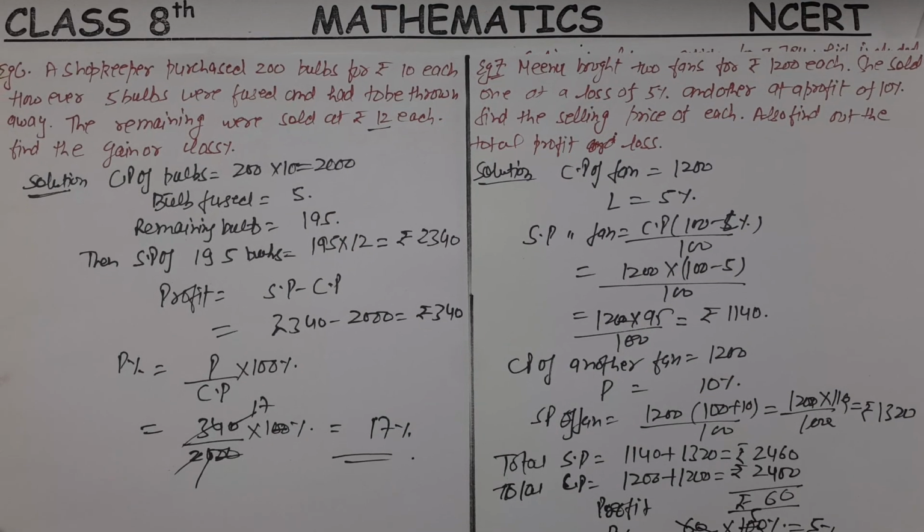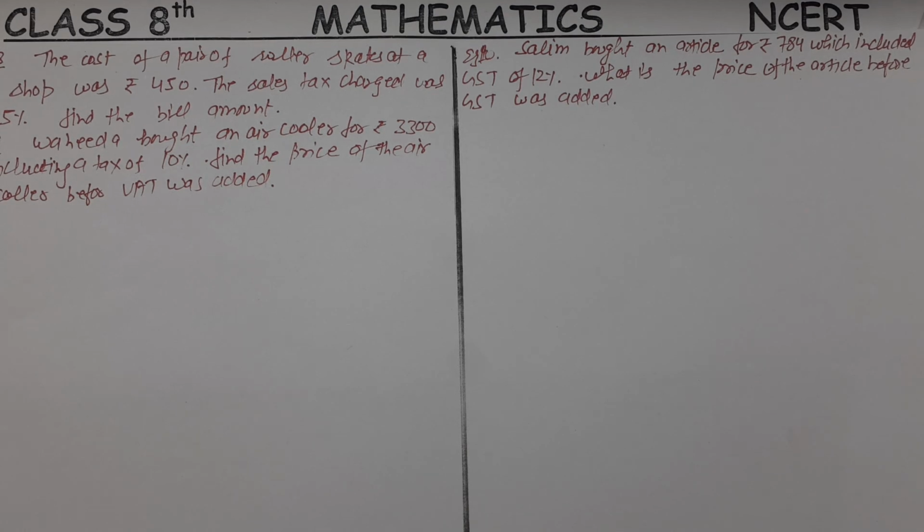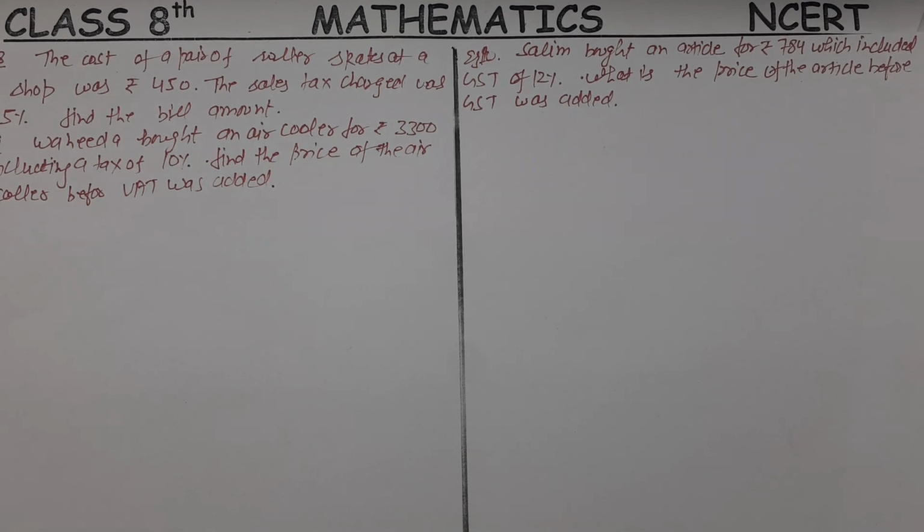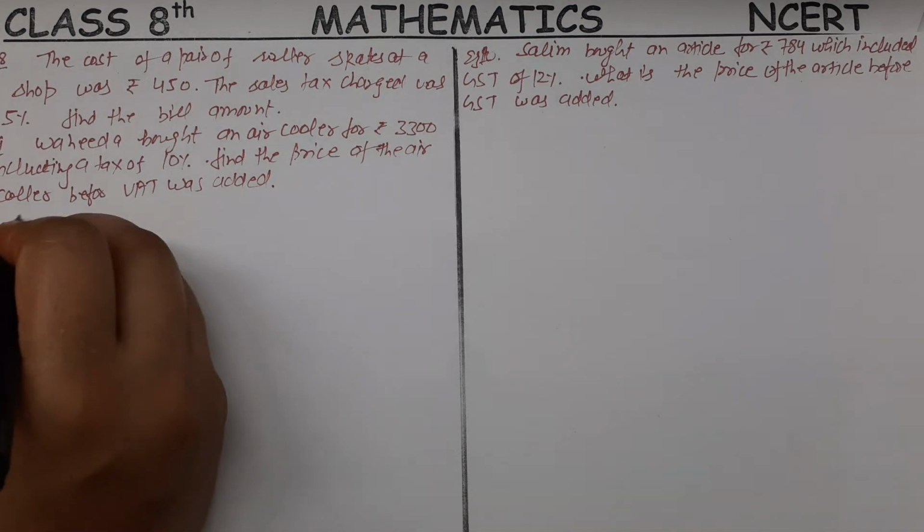Next is example number 8. The cost of a pair of roller skates at a shop was rupees 450 and the sale tax charge was 5%. Find the bill amount.